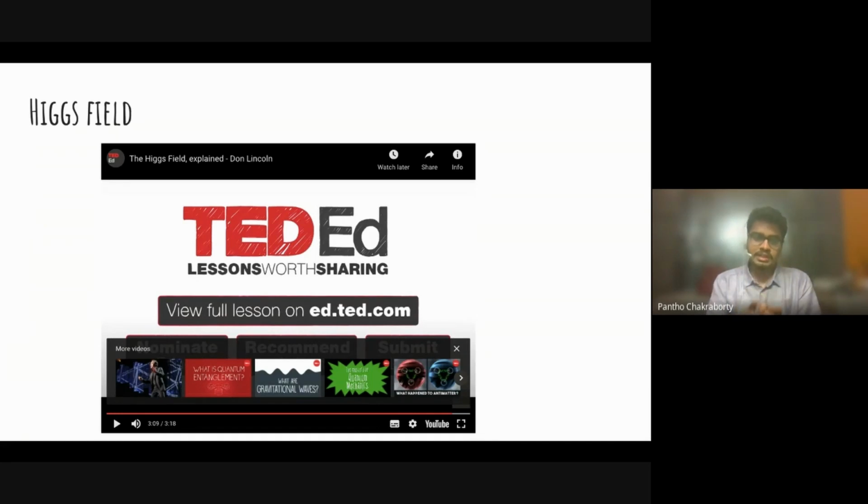The Higgs boson is just the remnant of the Higgs field disturbance. That's why scientists tried looking for the Higgs boson, because they knew that if the boson exists, there has to be a field for it. And that's why finding the Higgs boson was so difficult, because the Higgs field is everywhere. Yeah, Urjit?